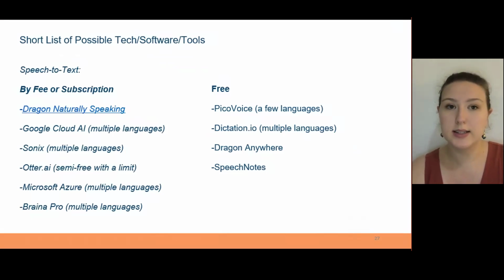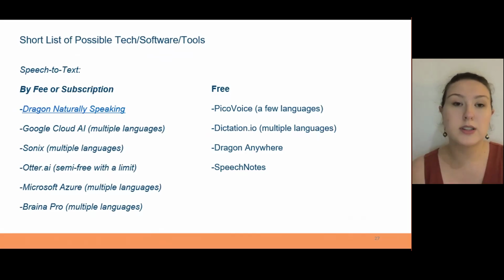And in the following slides, there are short lists of possible tech and software and tools, such as here is a speech-to-text. You have versions which may be necessary to purchase by fee or subscription. And then there are some options for free. This is by no means limited or comprehensive.